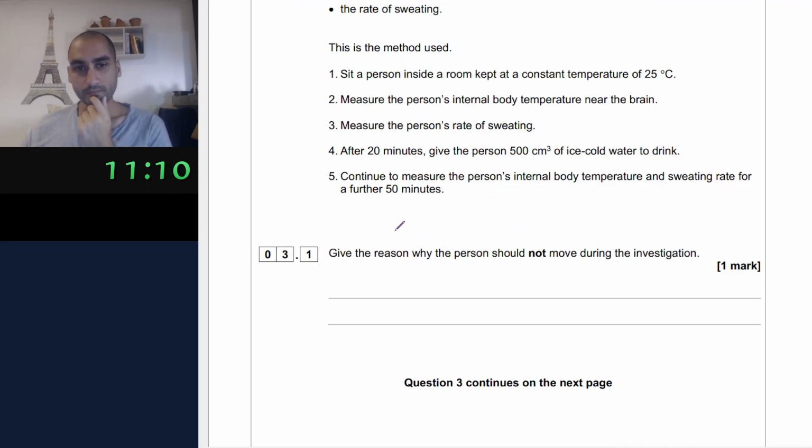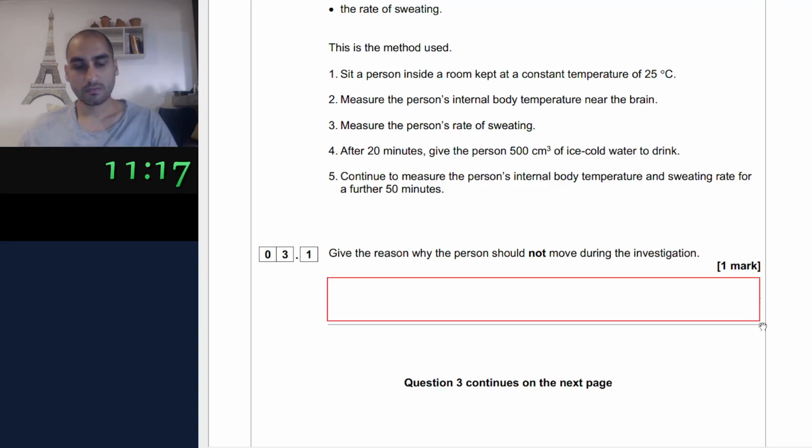Okay. Give the reason why the person should not move in the investigation. Moving would cause muscle cells to... what exactly is the terminology here?